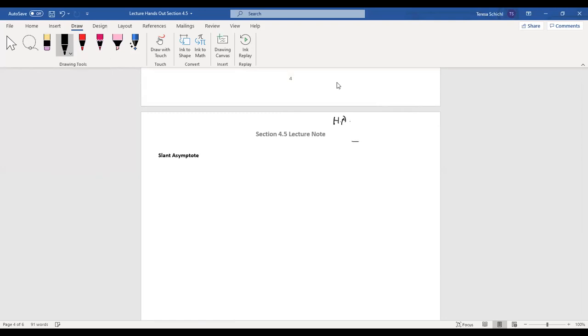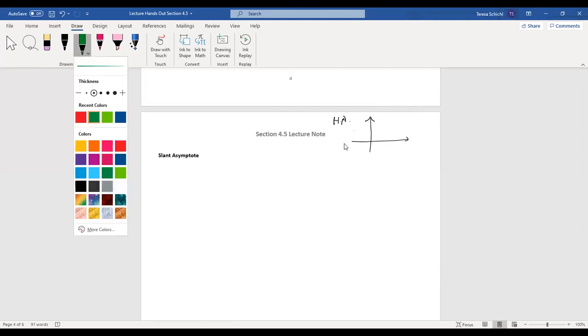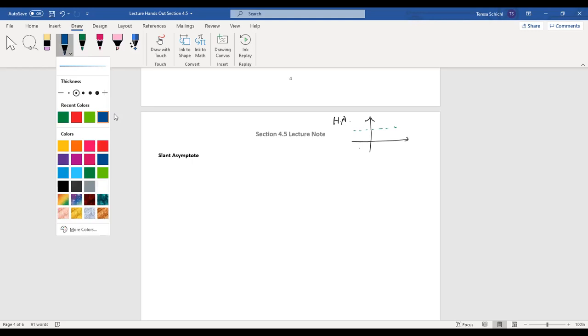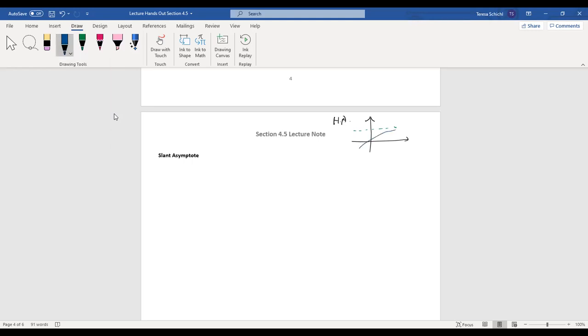What is the horizontal asymptote? It means you approach a horizontal line. For example, a function could go like this, getting closer and closer. So this is a horizontal asymptote.